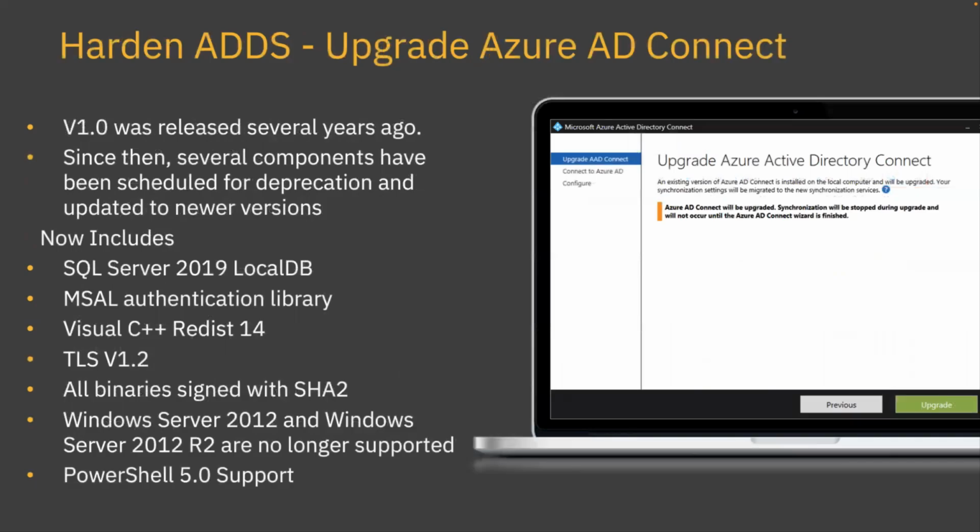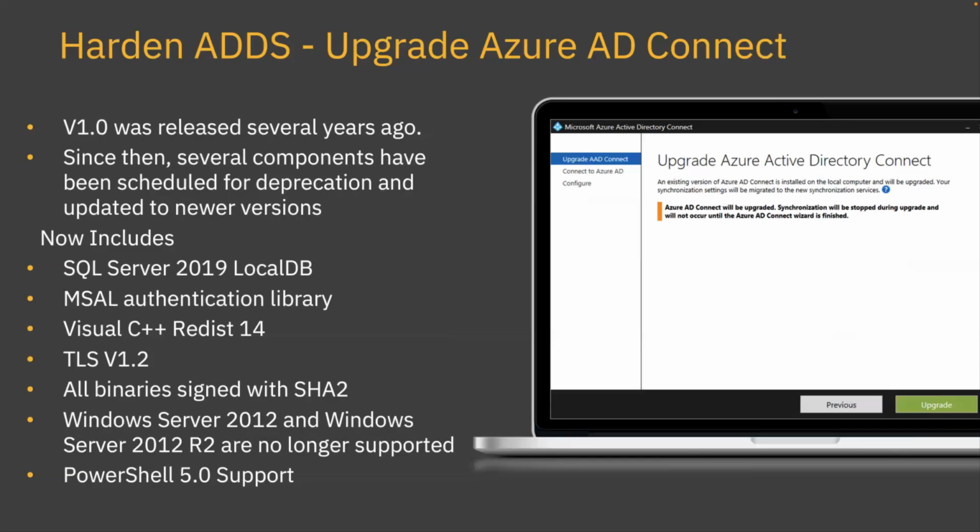Azure AD Connect, again, make sure that you're running the latest version of Azure AD Connect if you're using it. You can see that version 1 was on Windows Server 2012 and earlier. Again, potential nightmare when it came to security. Nowadays, 2019 and above is the minimum requirement for Azure AD Connect.